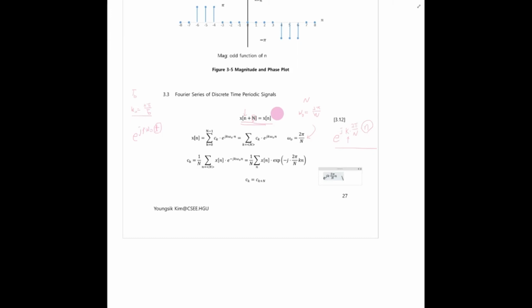But here, if we replace n with n plus r times N, with r any integer, then that will give this one: e to the j k 2 pi over N times n plus r N. Then, let's increase the font size.